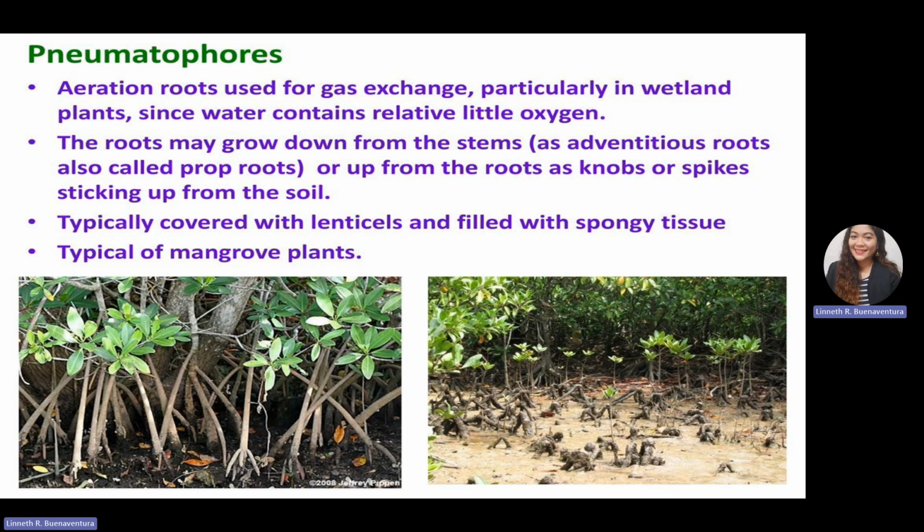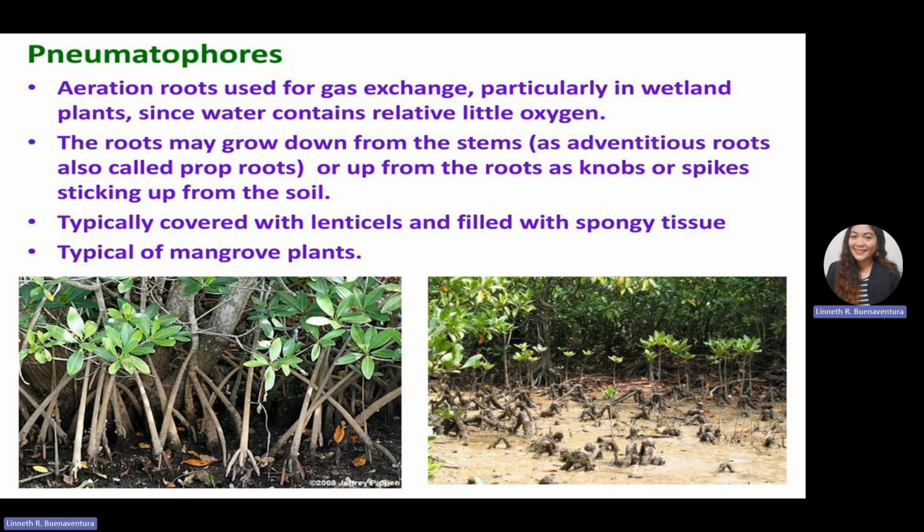The roots may grow down from the stem, such as adventitious roots known as prop roots, or up from the roots like a snorkel or spike. As you can see, these are the prop roots. They are typically covered with lenticels and filled with spongy tissue. One example of this plant is mangroves.